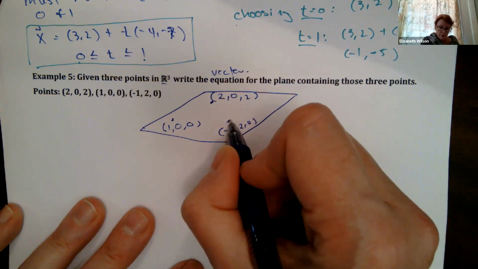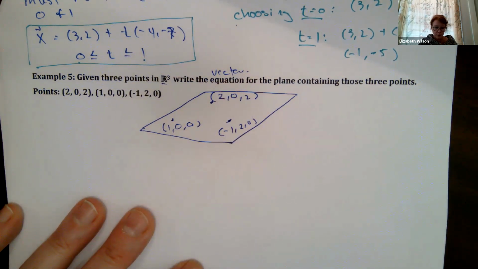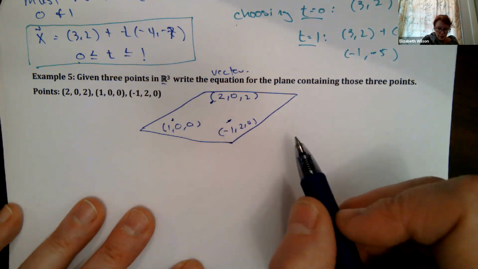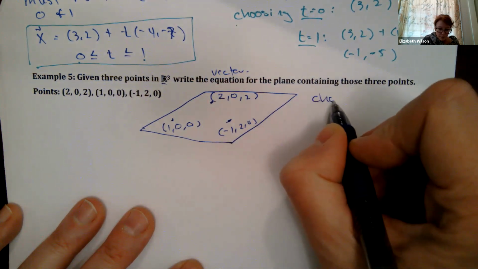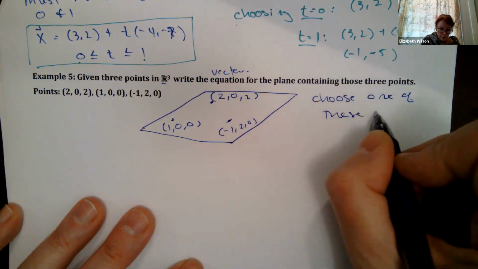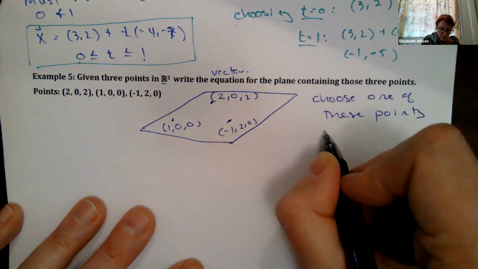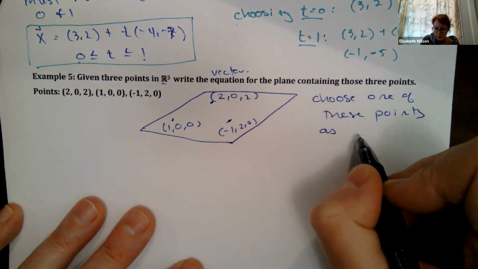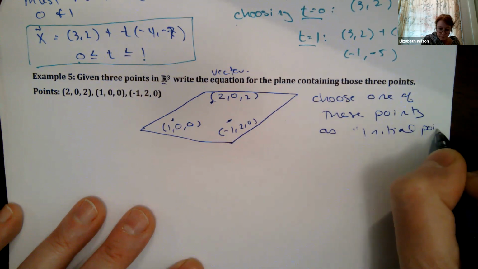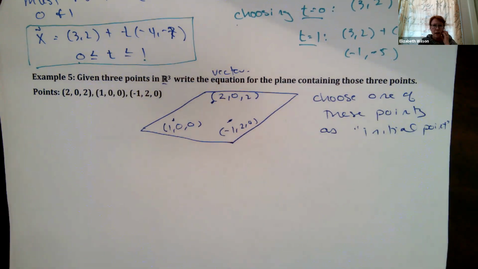Now we want all 3 of these points to be on the plane. Okay. So what I need to do is choose one of these points as what we call our initial point. Because what I'm going to do is calculate displacement vectors.